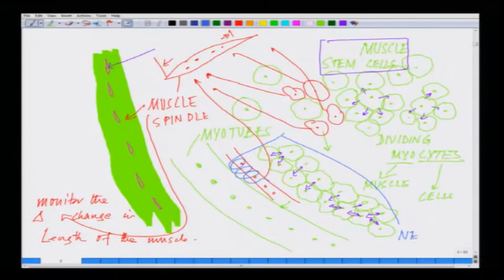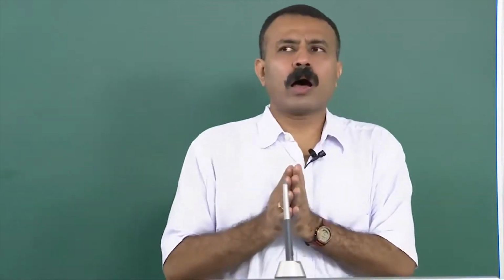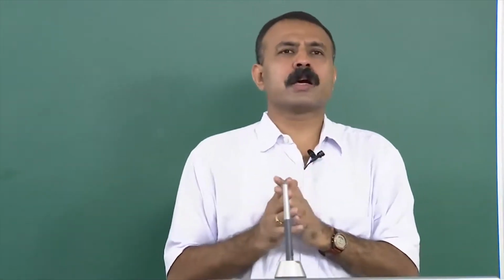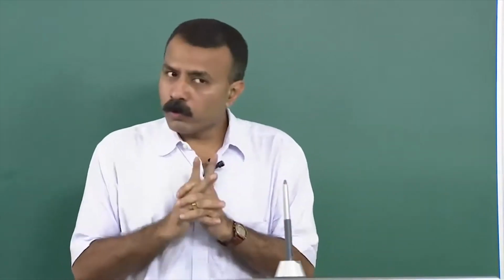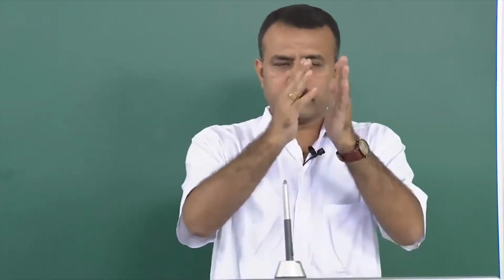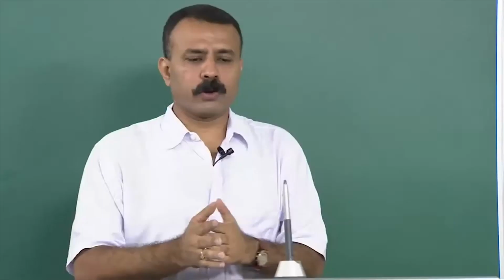The kind of neuron which is synapsing on them decides what will be the fate of that particular myotube. Whatever the story, we really do not know how they originate and how they are formed, but what we know is the first drawing which I drew for you.